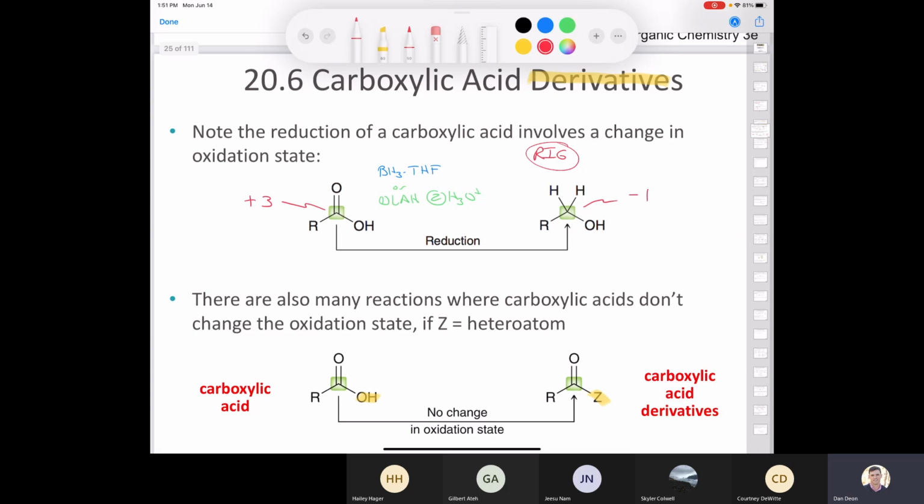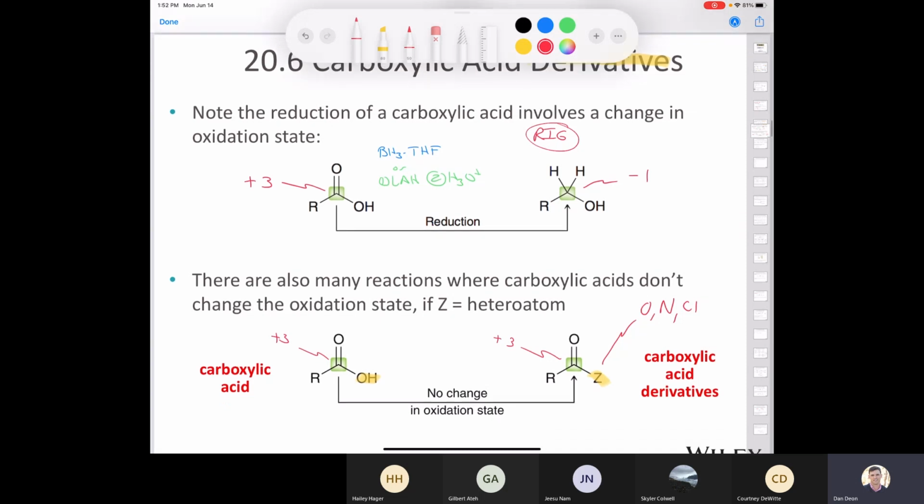So for example, if Z is an oxygen or a nitrogen, or a chlorine, okay, then there's no change in oxidation state. It goes from +3 to +3. So here it would be +3. And if it was oxygen, nitrogen, or chlorine, it would still be +3. So no change in oxidation state. So we can't call these oxidations or reductions. Well, what do we call them? Well, we're going to have to call them something else, but we'll get to that in a second.